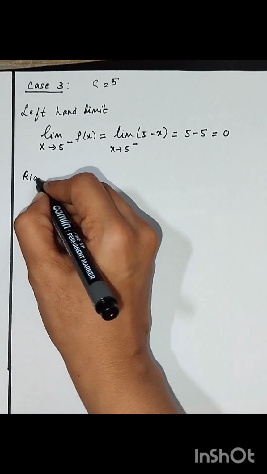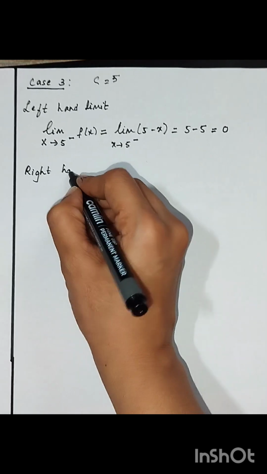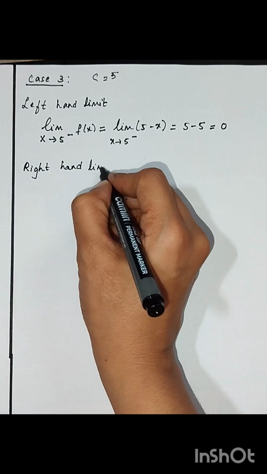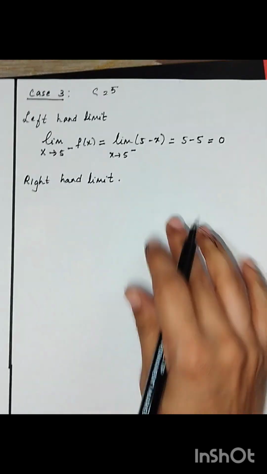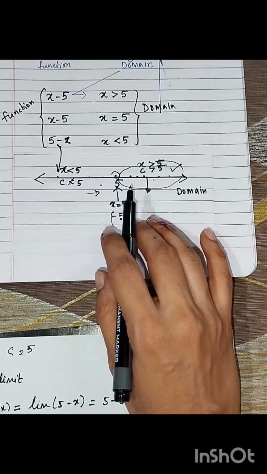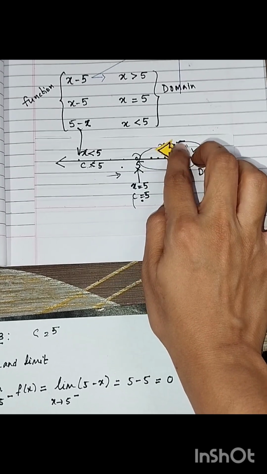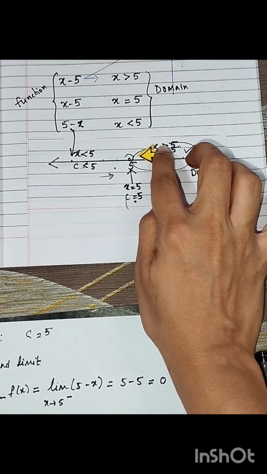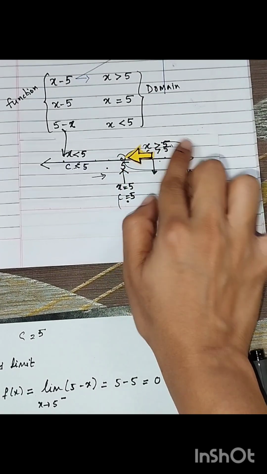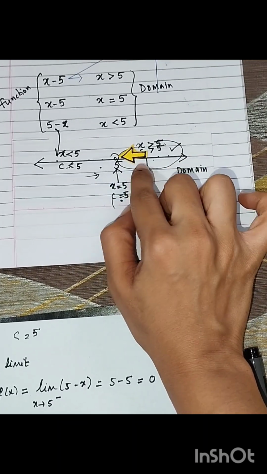Now let us check the right hand limit. You're approaching 5 from the right side. At this place, what is the function that is defined?